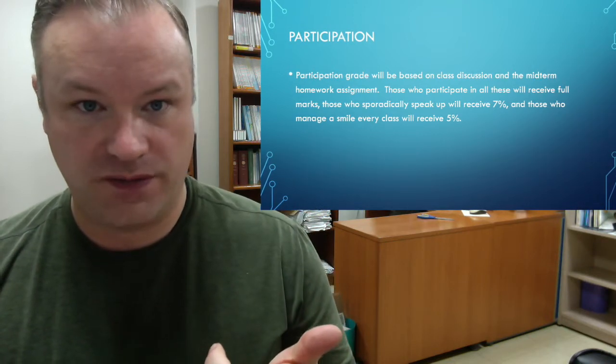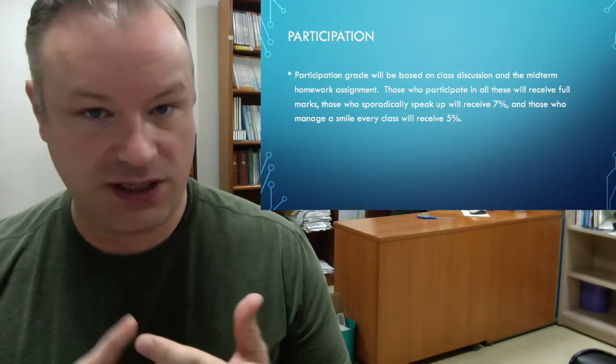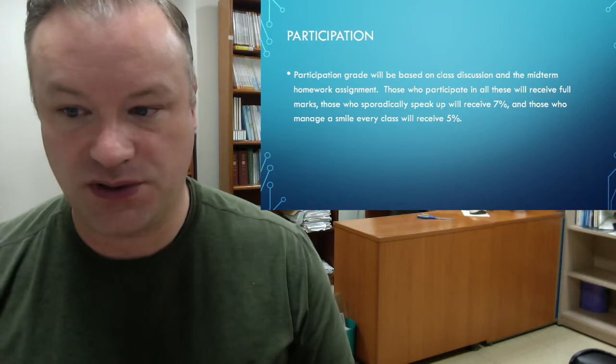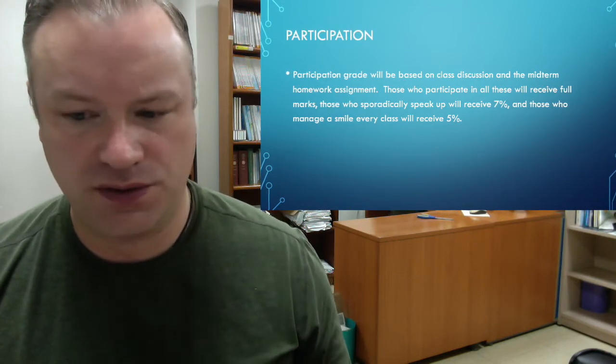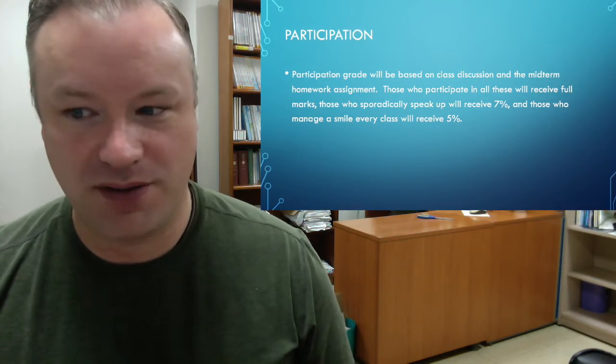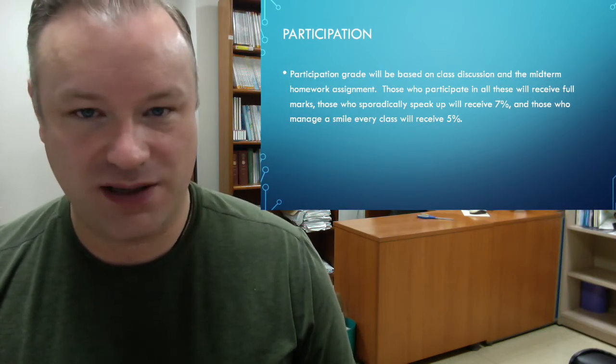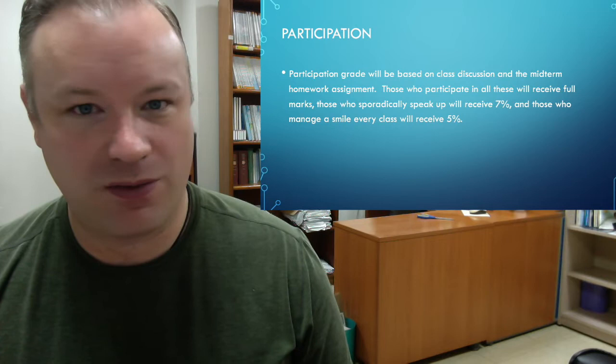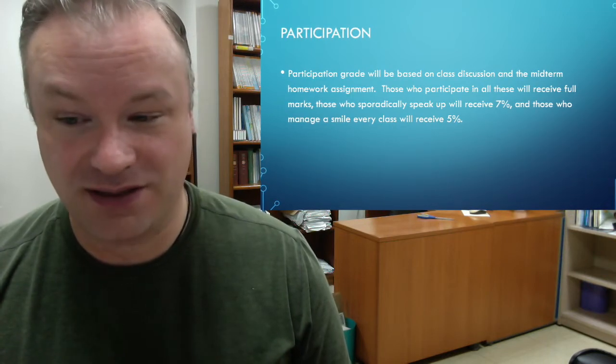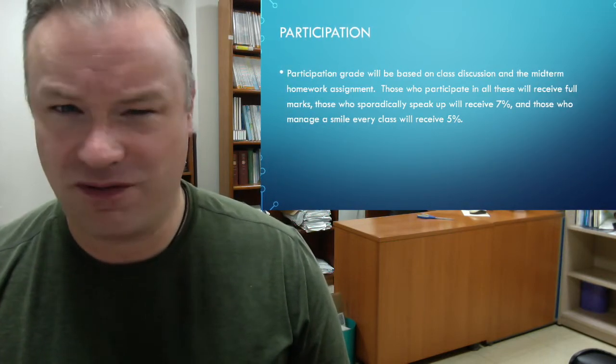Basically, if you talk a little bit each class and you do the midterm assignment, it's an easy 10%. If you only speak up maybe once a month, maybe you get 7%. If you manage to smile in every class, then maybe you get 5%.